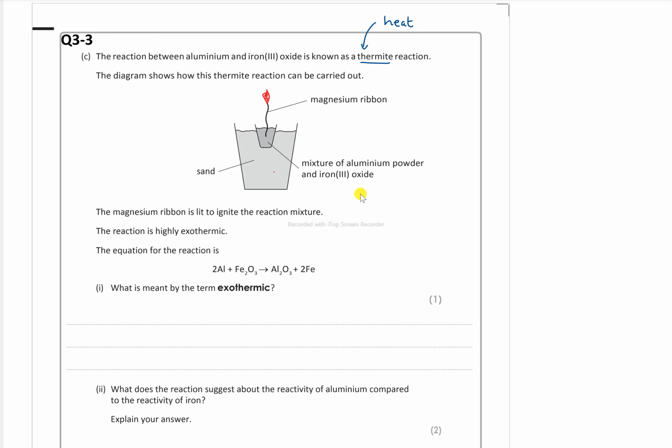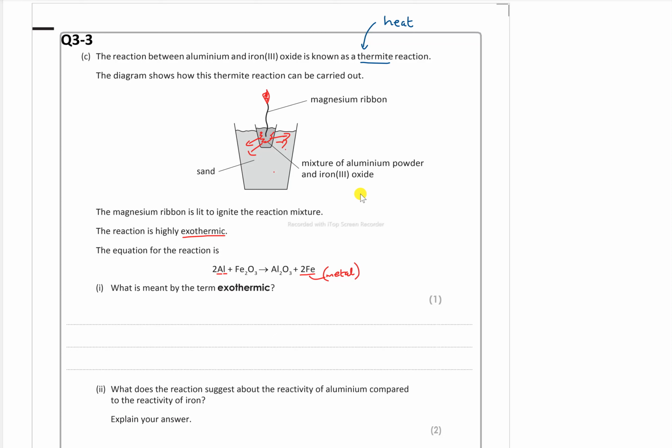The reaction is highly exothermic, so this will start giving off loads of heat. That means it's exothermic, yeah. The equation is 2Al plus Fe2O3 gives Al2O3 plus 2Fe. Have you noticed iron here is on its own, so it becomes just a metal formed on its own.